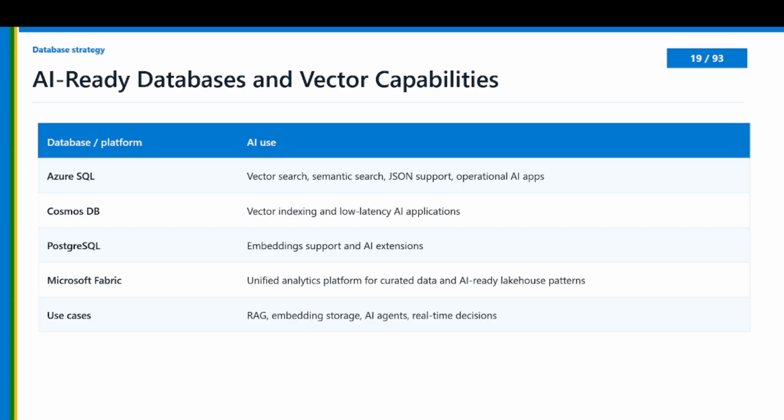So unified analytic platform for curated data and AI-ready lakehouse patterns. Then use cases. All these databases and warehouse storage can be used for RAG, embedding storage, AI agents, and real-time decision making. So these are databases and platforms that you can use to store AI-ready data on Azure.